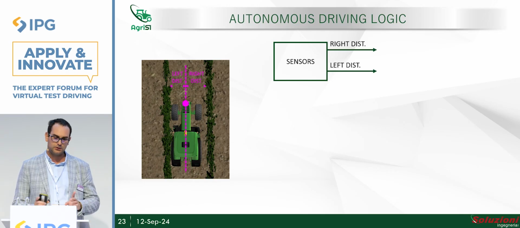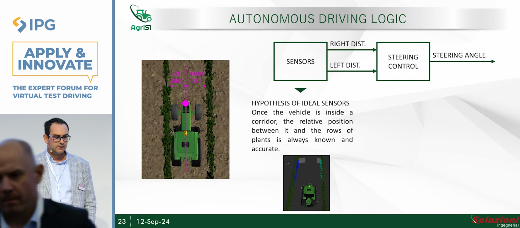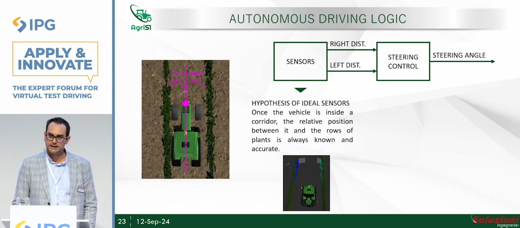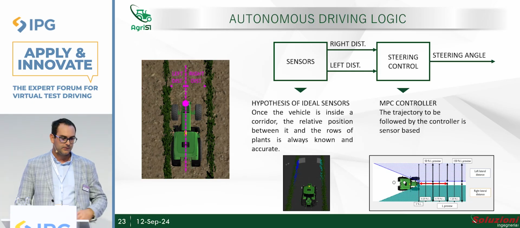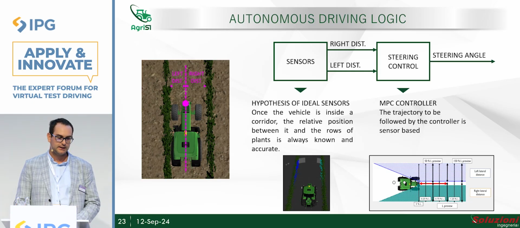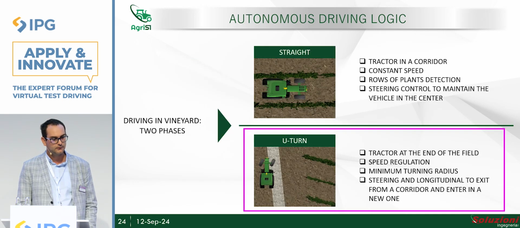We don't consider the error of the sensor. The signal coming from the sensor enters a steering control, an MPC controller that follows a sensor-based trajectory built using the signal coming from the sensors.